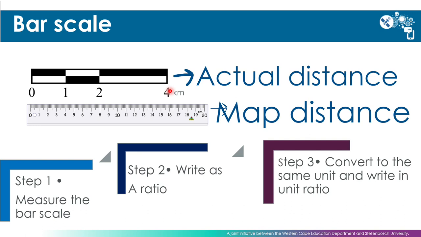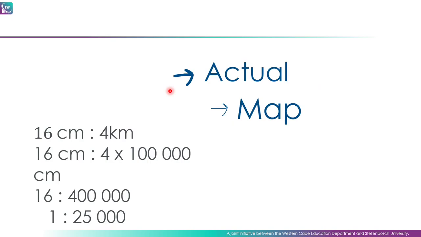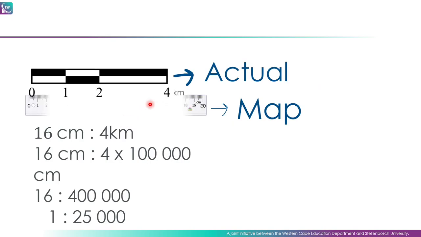So in other words, what we have here is that 16 centimeters, which we measured here, is the same as 4 kilometers in real life. Now to go from kilometers to centimeters, because we want the same unit, we are going to say 4 times 100,000, which gives us 400,000.